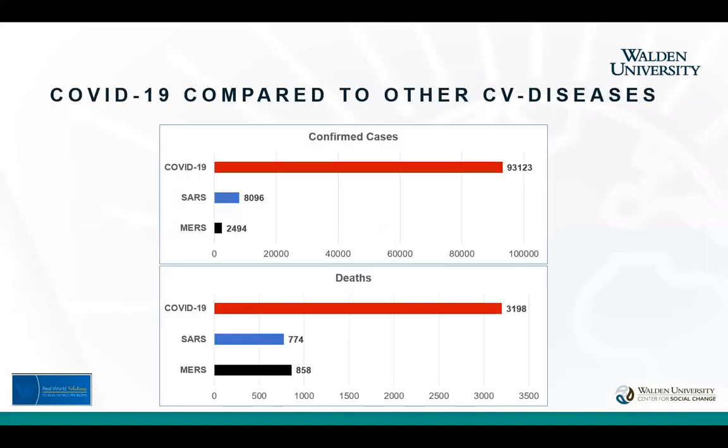So how does COVID-19 compare to these other two coronavirus diseases? You can see in these graphs, we have the confirmed cases and deaths reported for all three of the diseases. And COVID-19, shown in red, has already outpaced SARS and MERS with over 10 times the number of confirmed cases and triple the number of deaths.